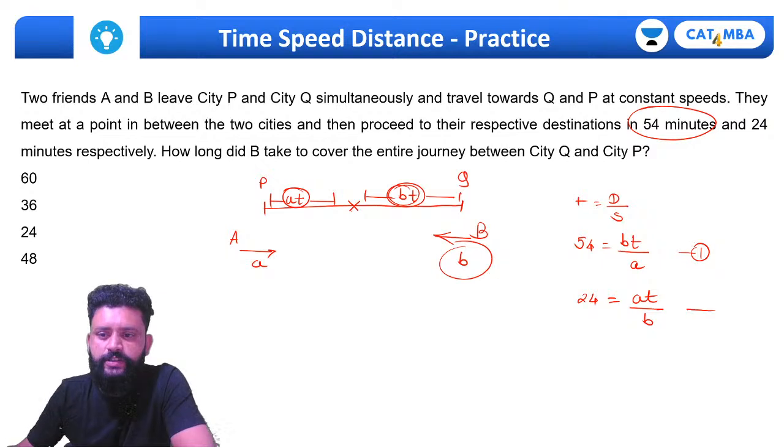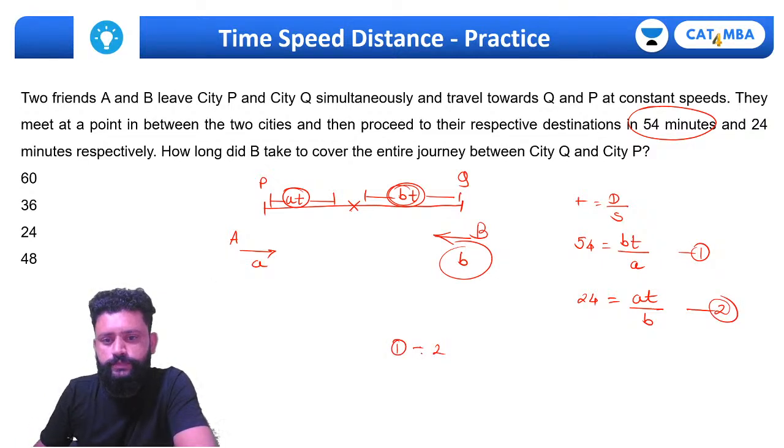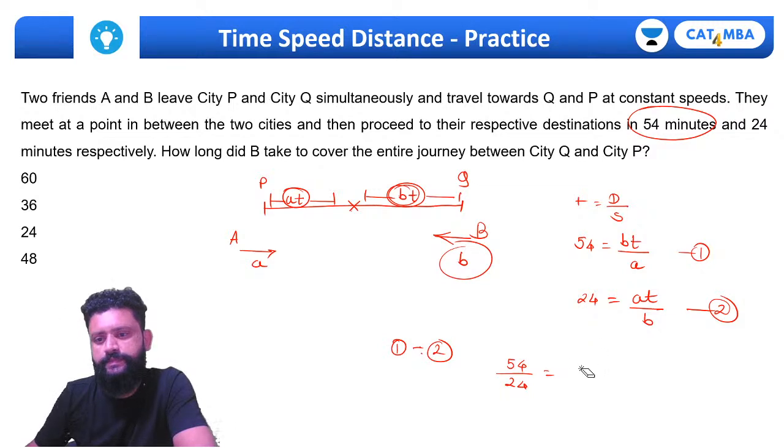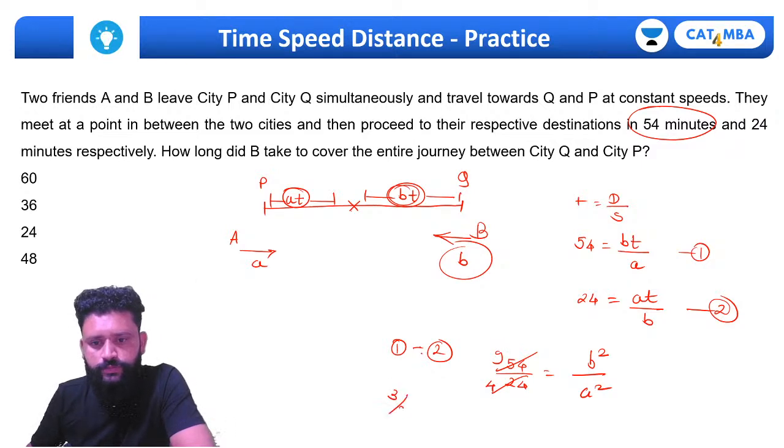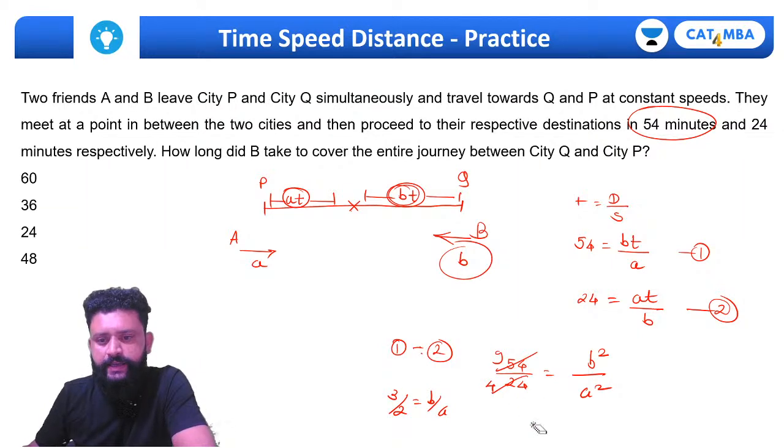So if we divide equation 1 by equation 2, you'll be getting 54 upon 24 is equal to, t will get cancelled and this will be b square upon a square. 9s are 4s are, so it will be 3 by 2, by simply b by a is 3 by 2.